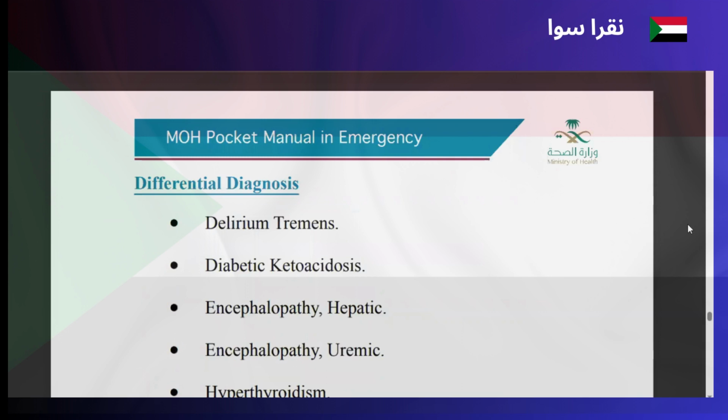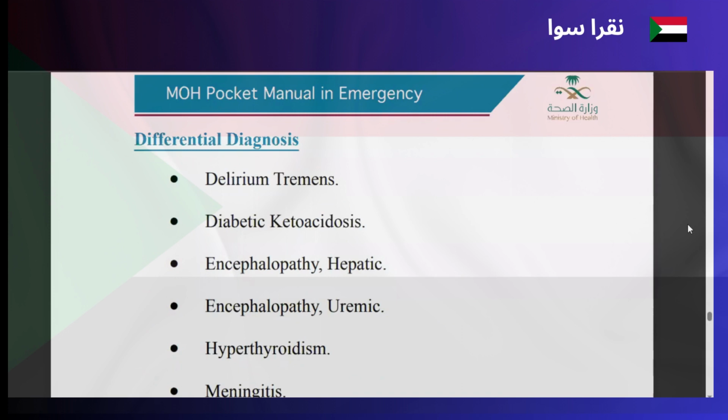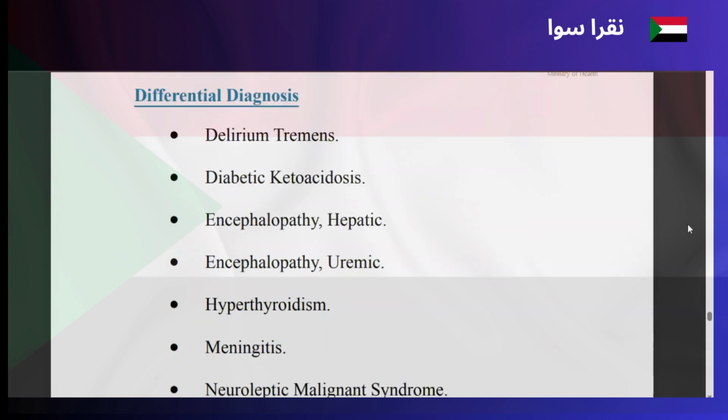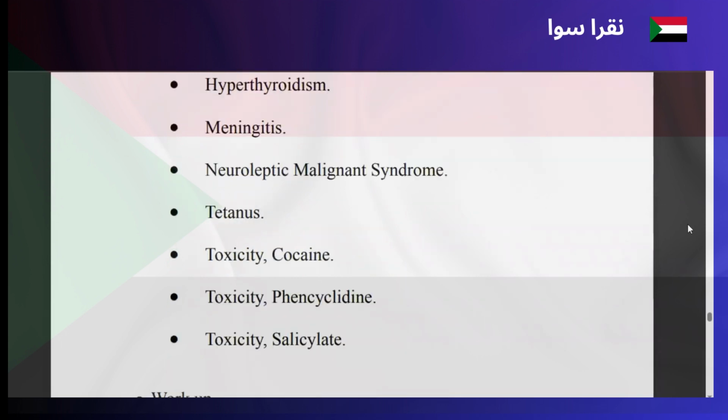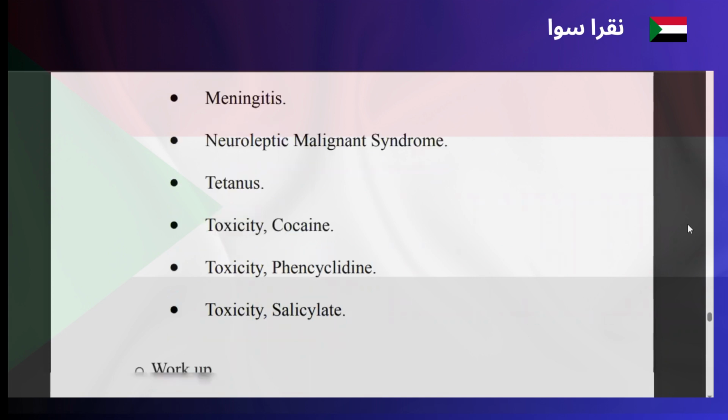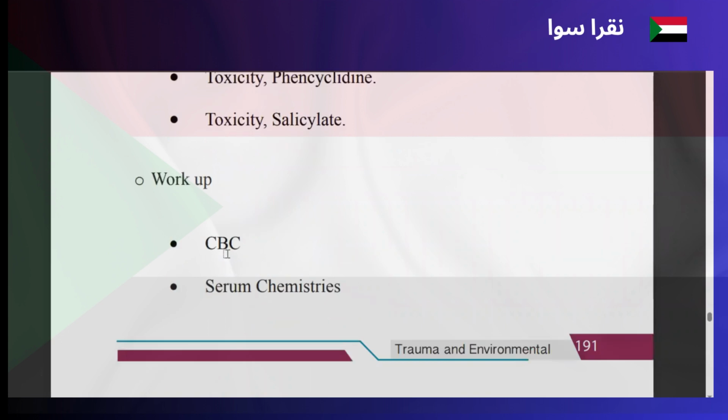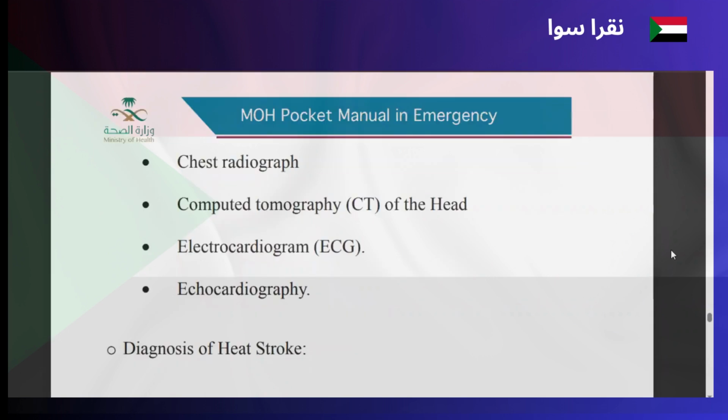Differential diagnosis: delirium tremens, encephalopathy, hepatic, uremic, hyperthyroidism, meningitis, neuroleptic malignant syndrome, tetanus, cocaine toxicity, phencyclidine toxicity, salicylate toxicity. The workup: complete blood count, serum chemistry, chest radiography, CT of the head, ECG, echocardiography.